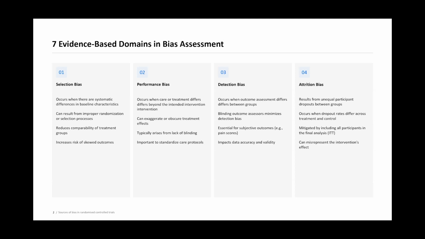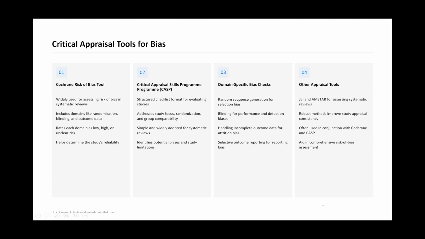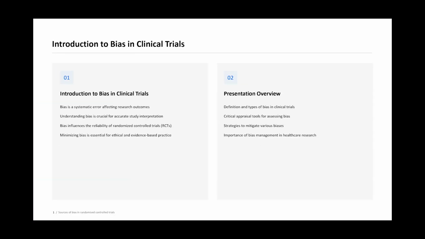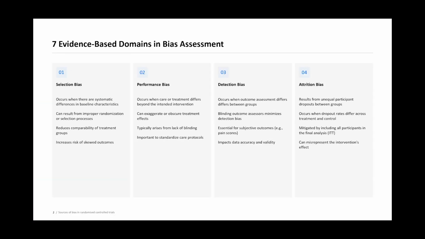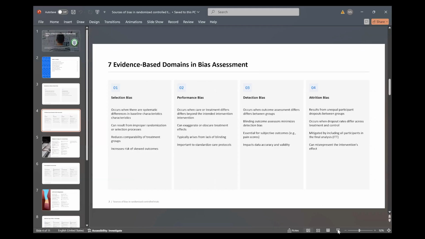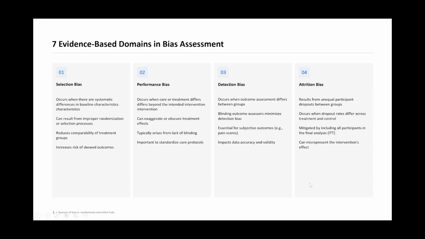We also have what is called performance bias. What is performance bias? It is a type of bias where there is a difference in care provided to participants beyond the intervention itself.